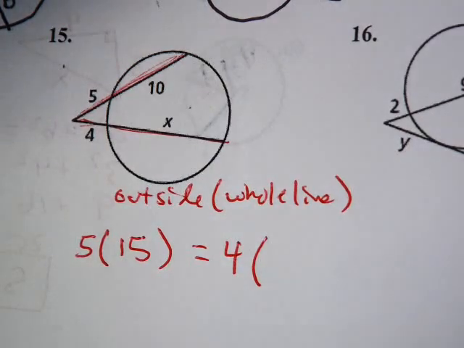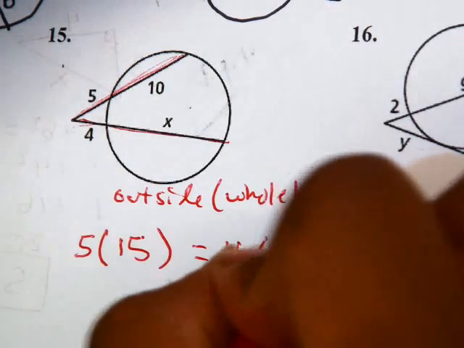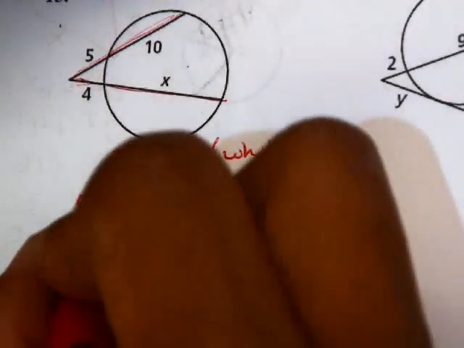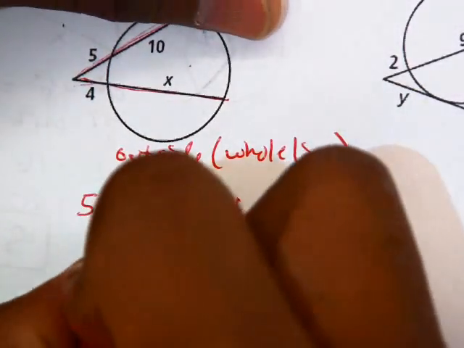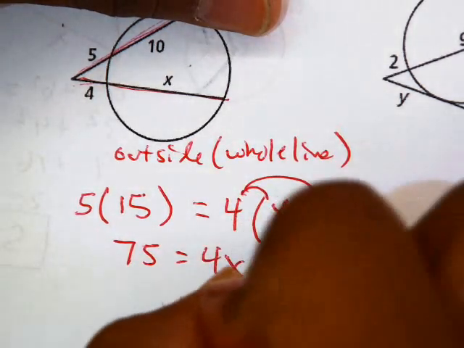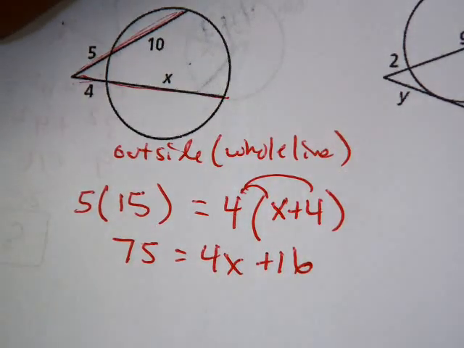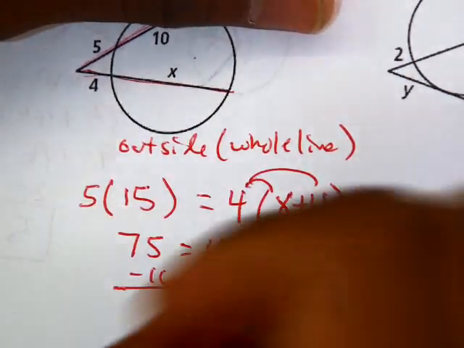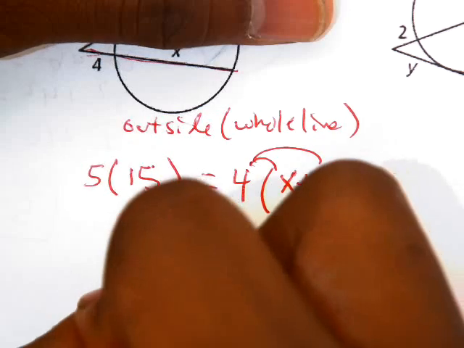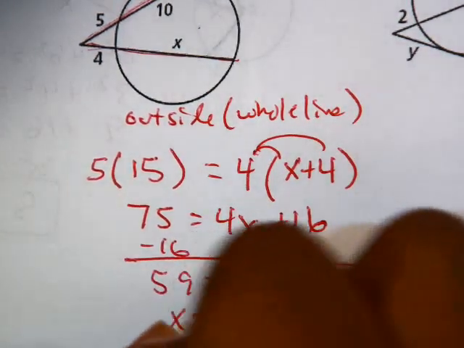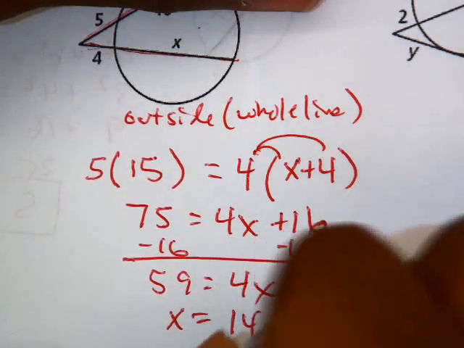The whole line here is 4 plus x, or x plus 4, whichever way you want to write that. Solving this, 5 times 15 is 75. Distributing here, this is 4x plus 16. Subtracting 16, I get 59 equals 4x. And dividing by 4, x is going to be 14.75.